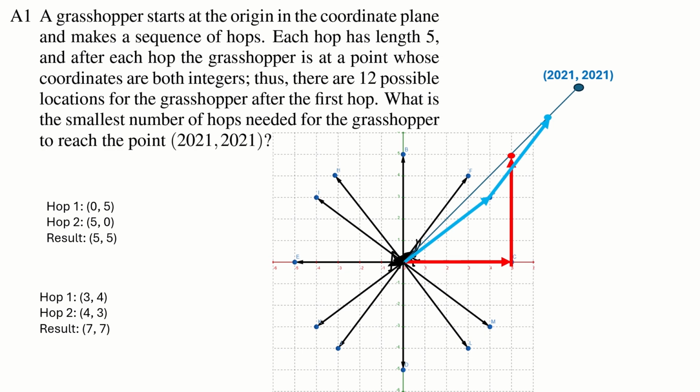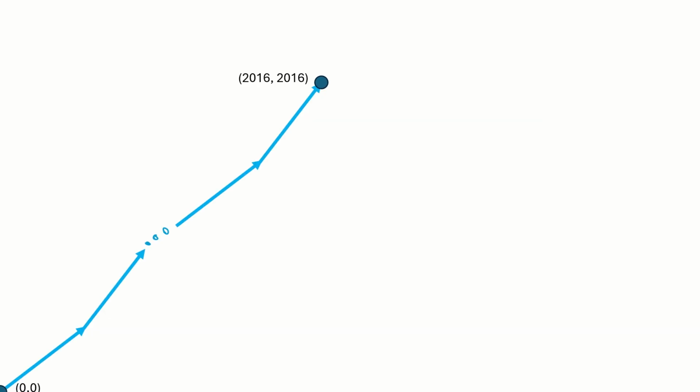So let's assume this is our solution. How many hops does it require to get to (2021, 2021)? Well, we know in 2 hops we can get to the point (7, 7). If we divide 2021 by 7, we get 288 with a remainder of 5. Because the remainder is non-zero, we will not be able to make it to (2021, 2021) by only alternating between these 2 hops.